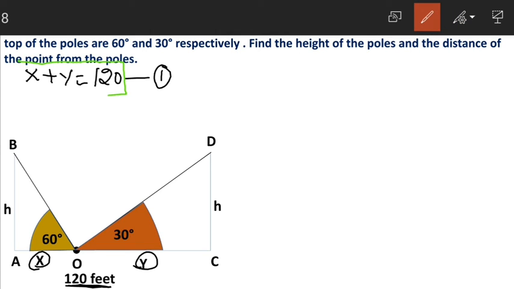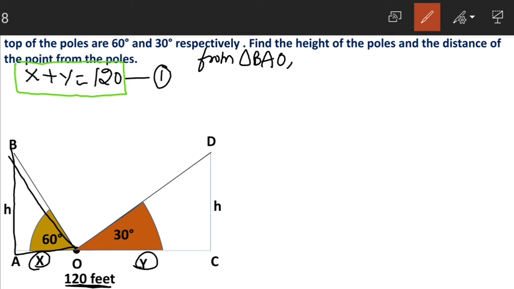Now consider the triangle BAO first. From triangle BAO, observe that this is the particular angle theta. Here we have to find out the H and X values.